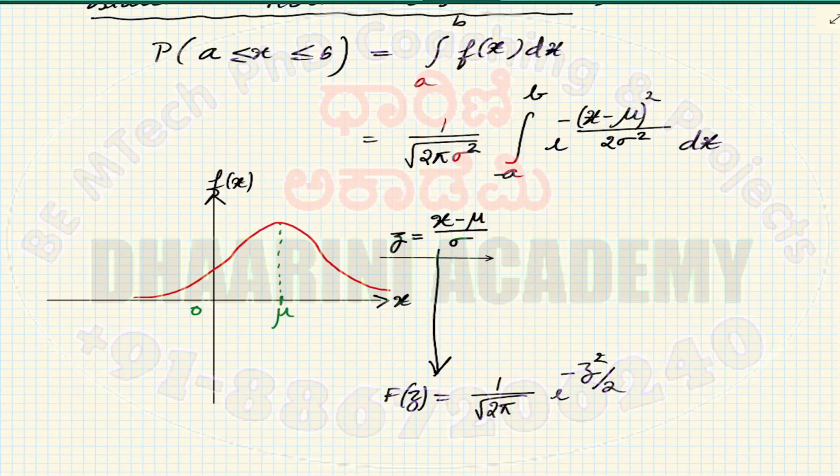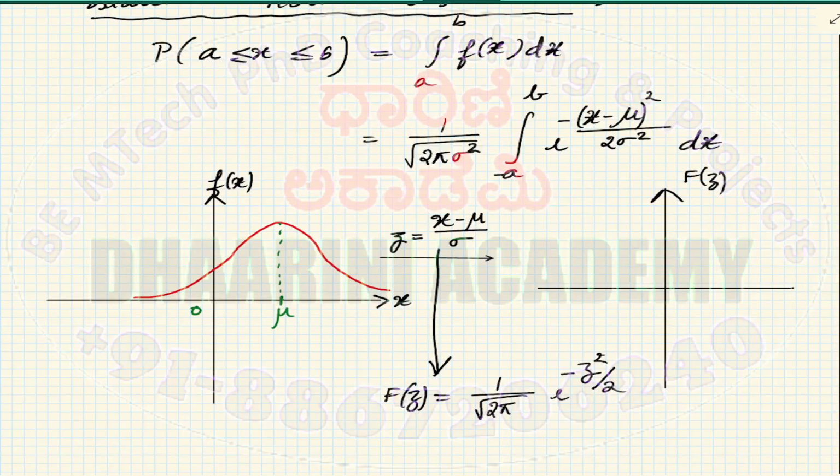So what happens now? I'll draw that. This is how it's going to look. This is capital F of z versus z, and this gets changed into the following shape.